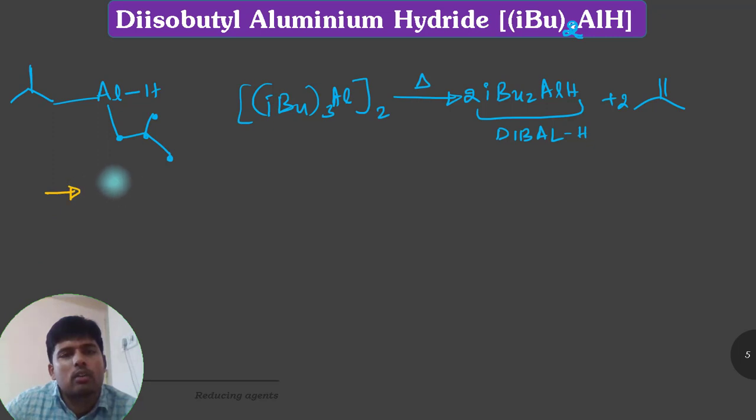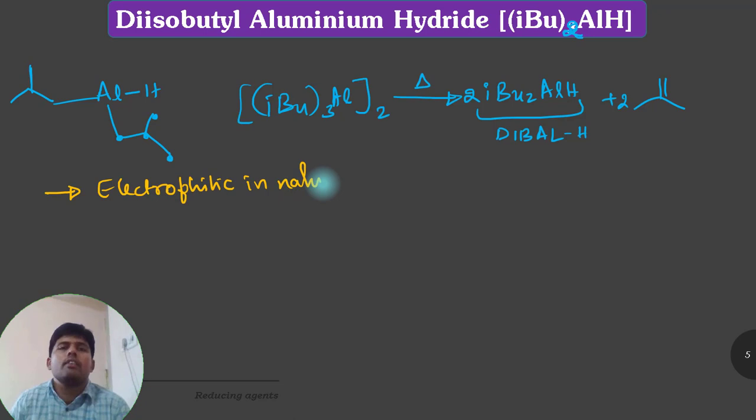So you can say electrophilic in nature. So we have electrophilicity of aluminum acting. So it is electrophilic in nature, and it performs reducing reaction, causes reduction. So let us see how exactly it does in some of the mechanisms.